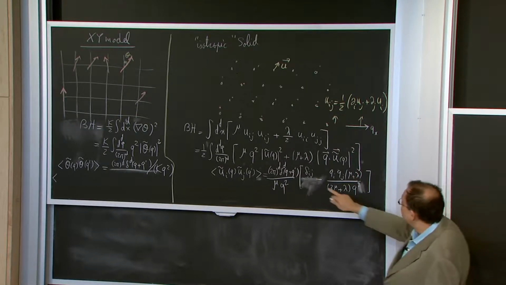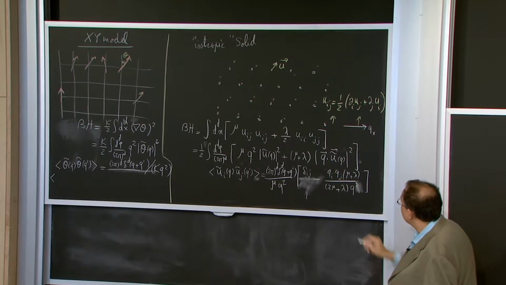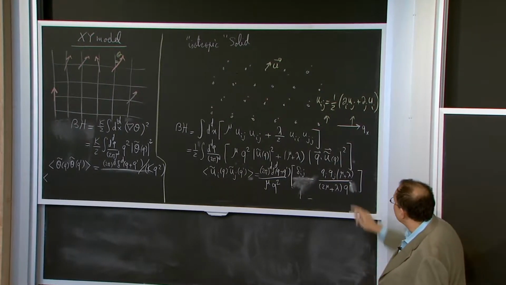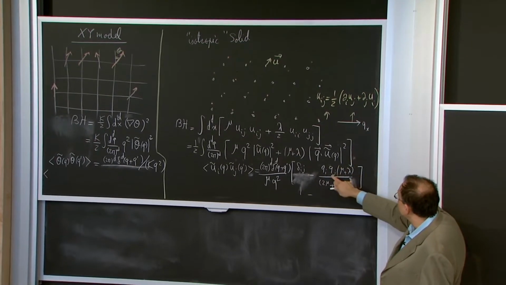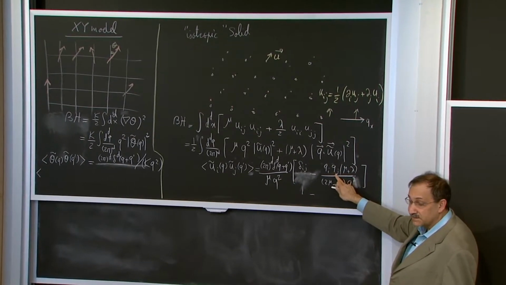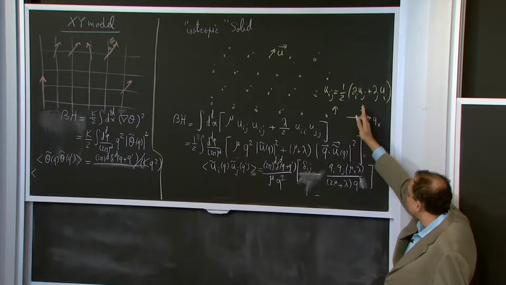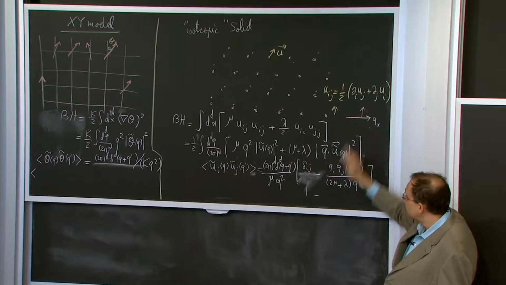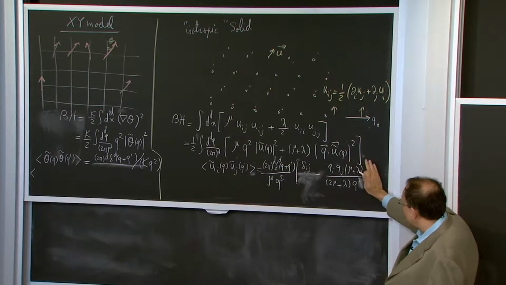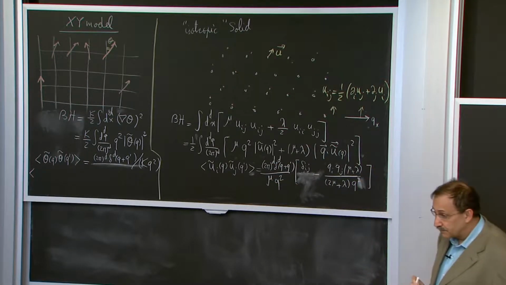So I will definitely get a delta ij here. I would have a 1. Here I would get a factor of nothing, because this term is absent. The q's that I'm looking at don't have any component along the direction of the u that I'm having. So this is absent, and I will get a 1 over mu q squared, which is consistent with that.